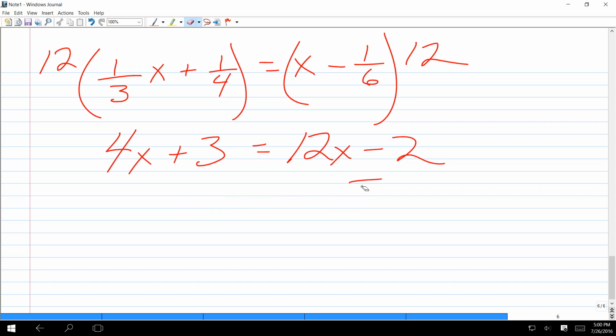In other words, the very first thing I see is that if I move this 4x to the other side, I'm going to have 8x. That's the way I'm going, regardless of what number results on the left side. Because sometimes you're going to have a negative sign on one side of the equation, and there's no avoiding it. But if you make the coefficient positive, you'll be better off.